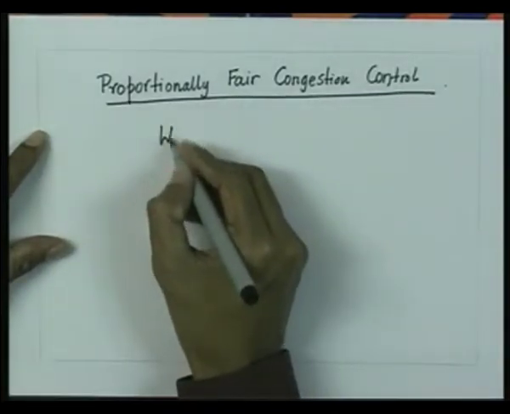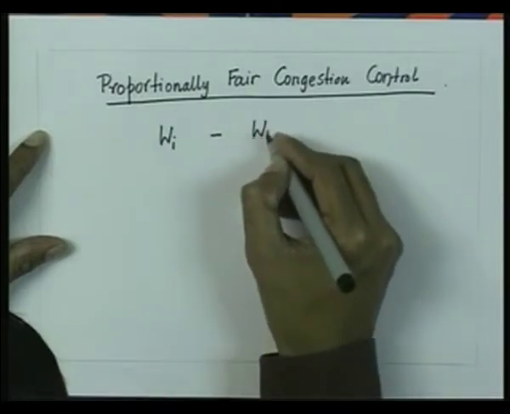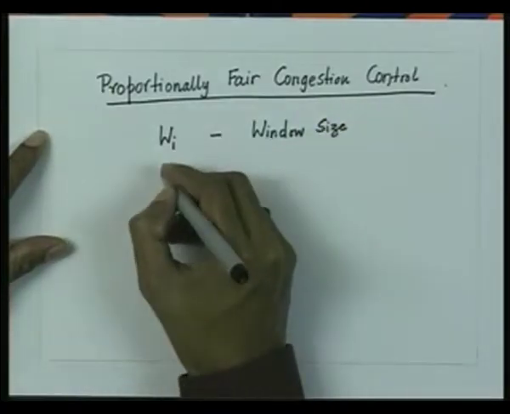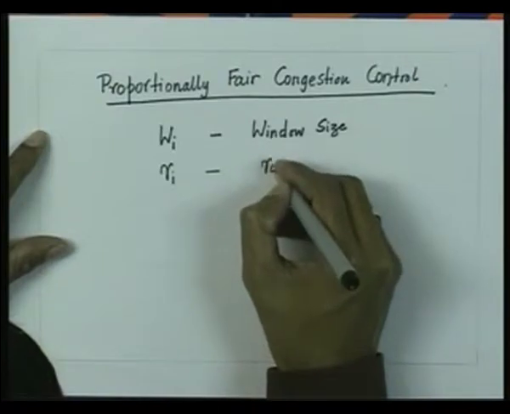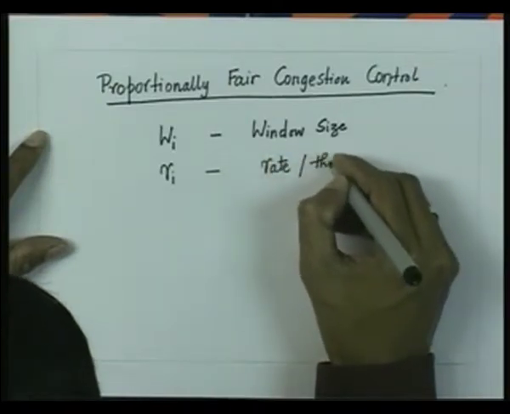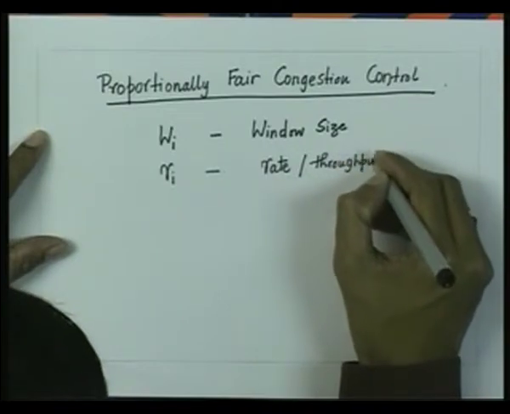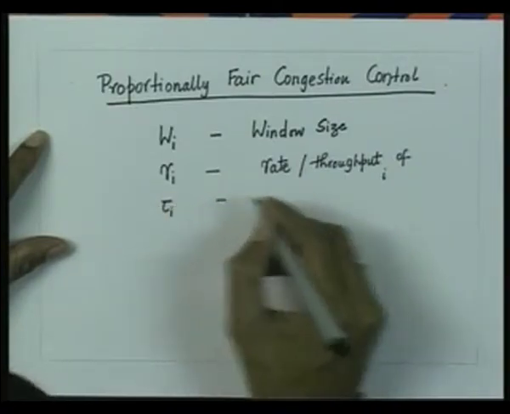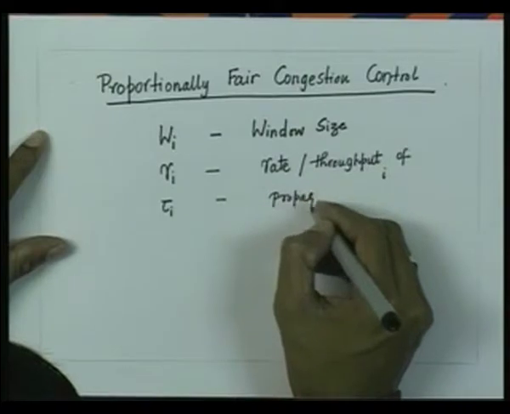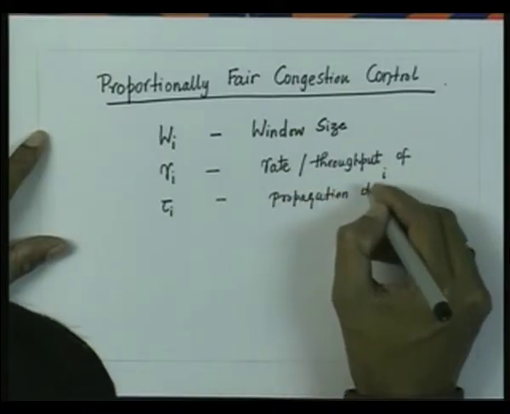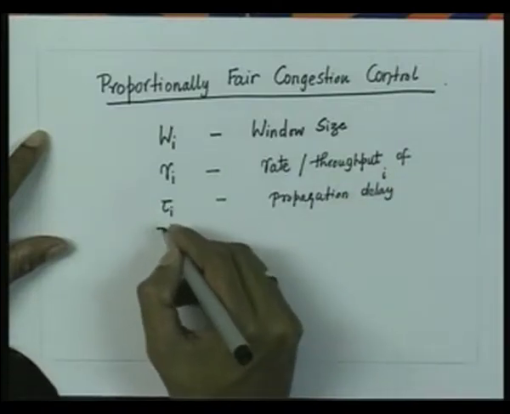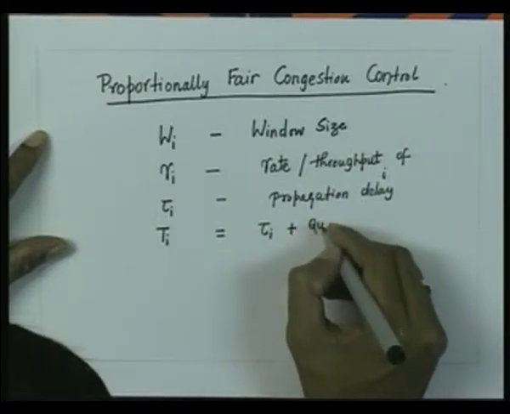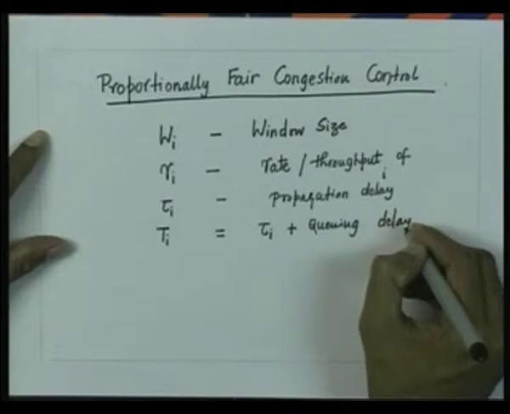Let us say that Wi is the window size of source i, Ri is the rate or the throughput of source i, and tau i is the propagation delay, and Ti is equal to tau i plus the queuing delay.